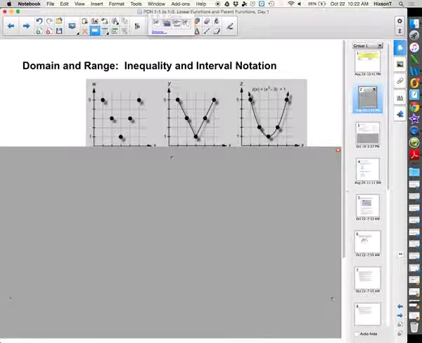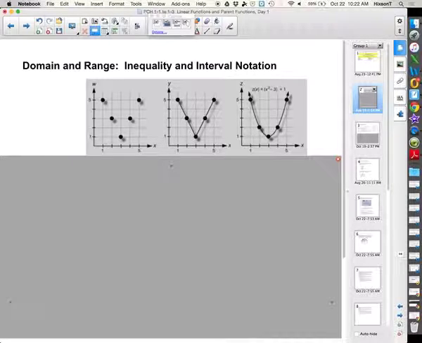First of all, domain is what? What x can equal, all right? Or what your independent variable, you could say, would equal. And then your range is what your y, or the value of the function, your dependent variable, would equal, okay?